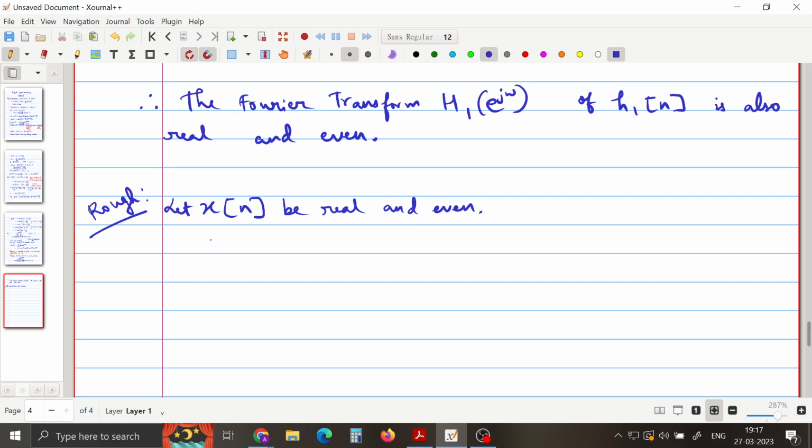Now its DTFT, which is the Fourier transform, the discrete time Fourier transform, you know that it is given by this. Okay.